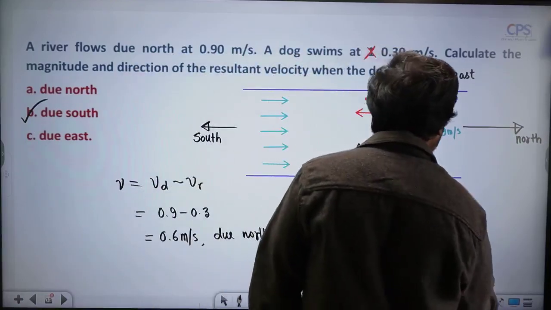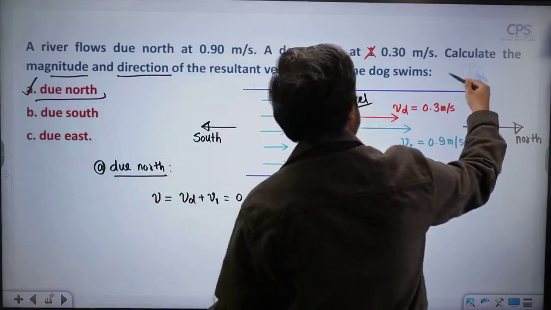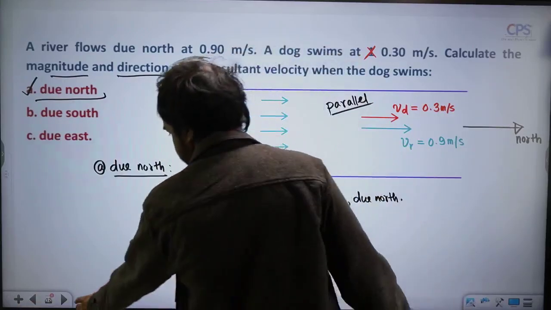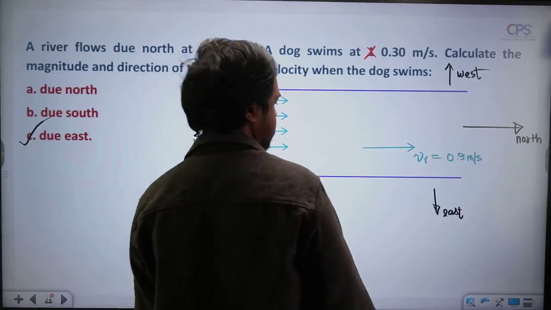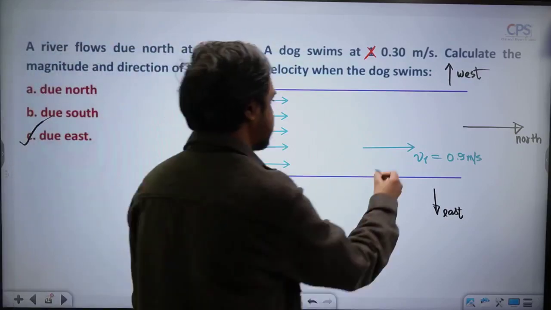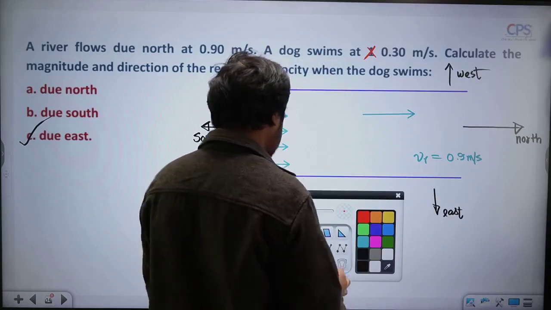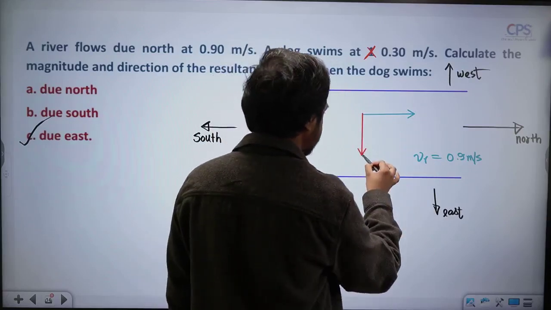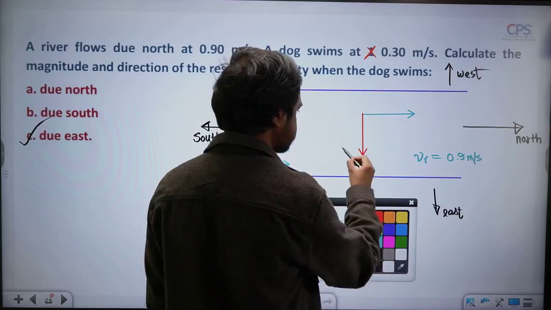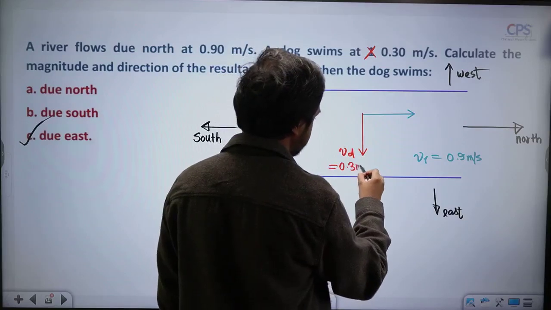I just remove this one because we didn't need east and west in the first two parts. So I'll just remove this to clarify the mistake. The eastern direction is this way. In the eastern direction, the dog swims VD, which is 0.3 meter per second.